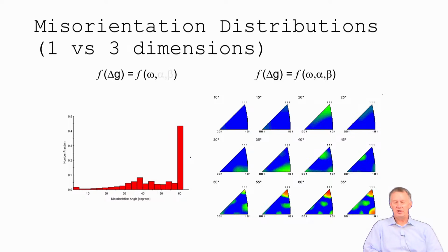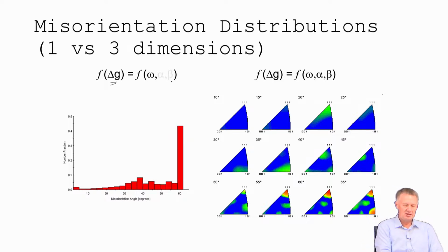So now I'm going to talk just about this misorientation distribution function, delta G. And it's defined by an axis defined by alpha beta and an angle omega. But if we throw out our alpha and beta, we get this kind of a plot. This is our misorientation angle histogram.